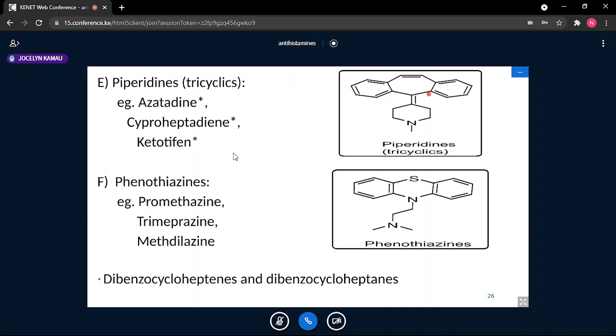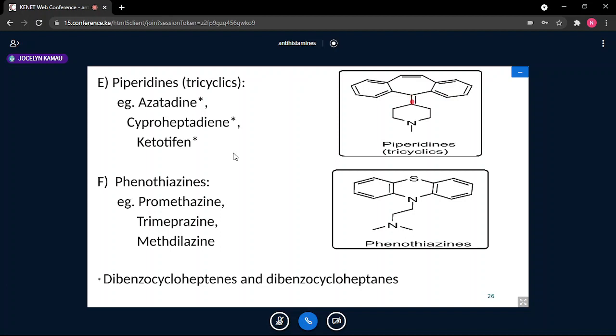When you look at these structures, if you look at the ring in the middle here, you can try to compare this with the ethylene diamines, or more appropriately with the propylamines, because they're attached to a carbon. If you remove this section here, you will have your phenyl ring there, then joined by a double bond there.